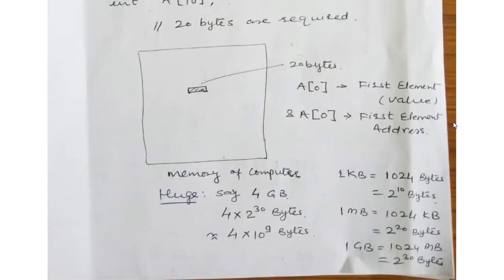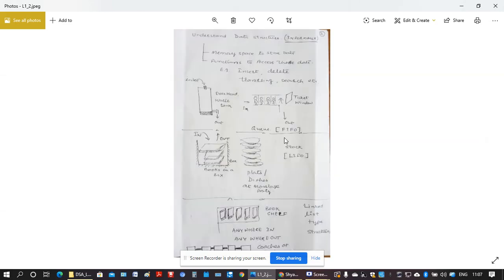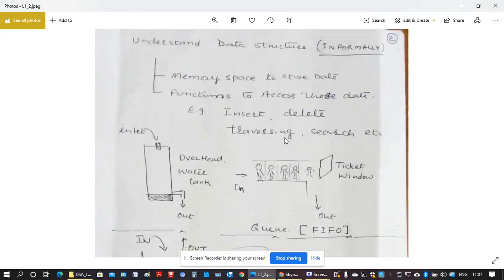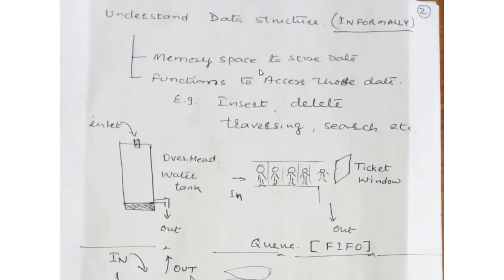Now let us come to the next. Take this as an informal discussion on data structure, that is, what is data structure. To get a better understanding, we have taken a few real life examples.